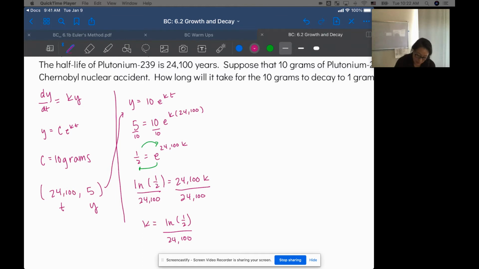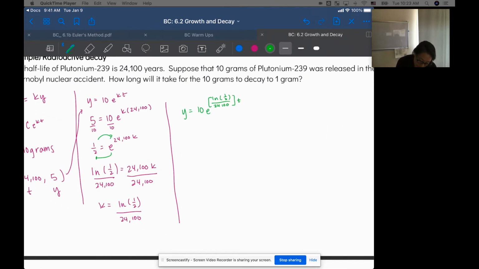So I end up with an equation that looks like y is equal to 10 times e to the, I could use some more space, okay, to the ln of 1/2 over 24,100, and that's all times t.